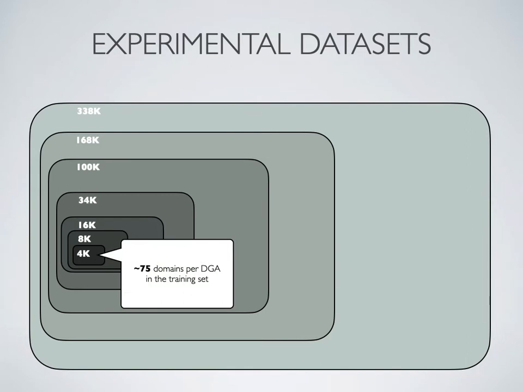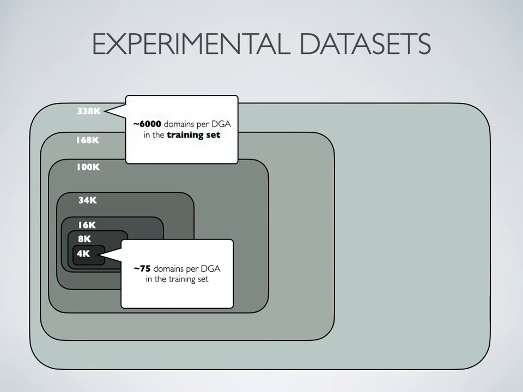In the case of the smallest dataset, we have only 75 domains to learn from for each DGA, while in the biggest one we learn from 6,000 domains for each DGA. In this way we have the opportunity to see how a possible improvement in using embeddings varies across different sizes of the training dataset.